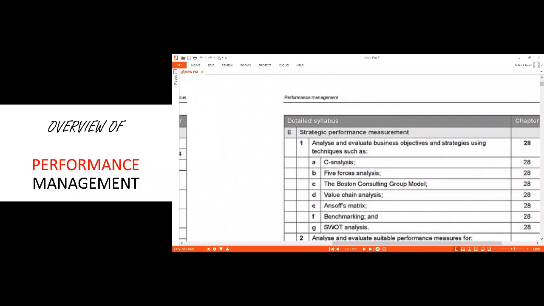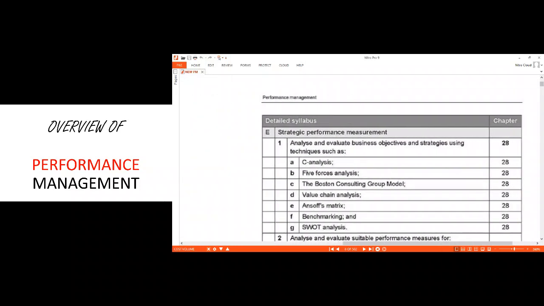It's expected of us to know strategic performance measurements using PEST analysis, five forces analysis, the BCG models, value chain analysis, Ansoff's matrix, benchmarking, SWOT analysis. All these people that offer CSME have a good grasp easily, but it's part of performance management too.